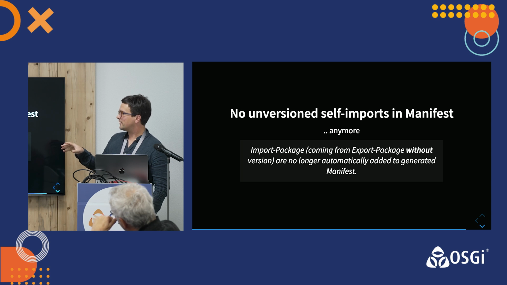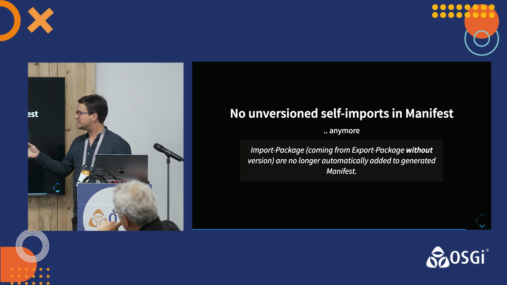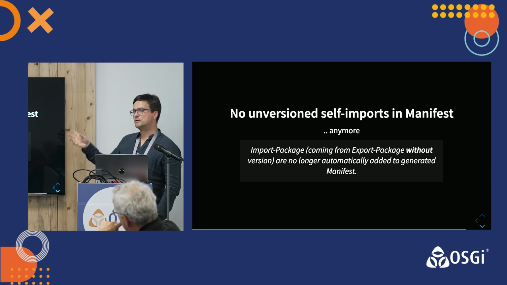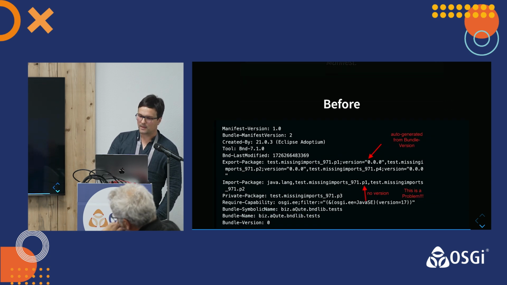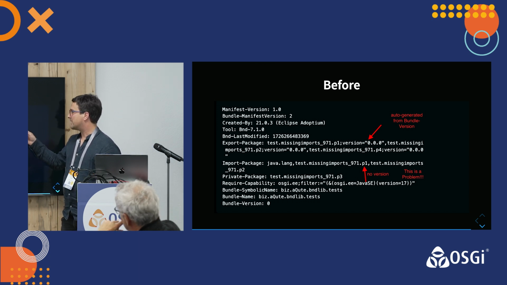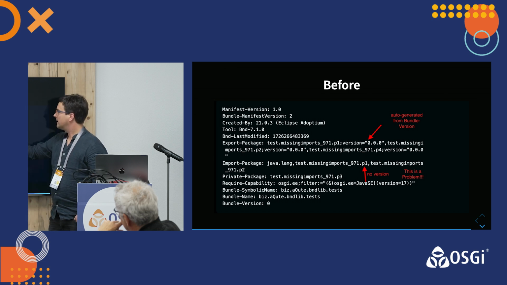One important thing for libraries out there, we fixed one thing in BND, that import packages, which are sometimes added because you have exports, are not added to the manifest anymore. And in one specific case, when the export has no version, then the import will not be added. An example, in the past BND generated, for example, such a manifest. You have an export package here.